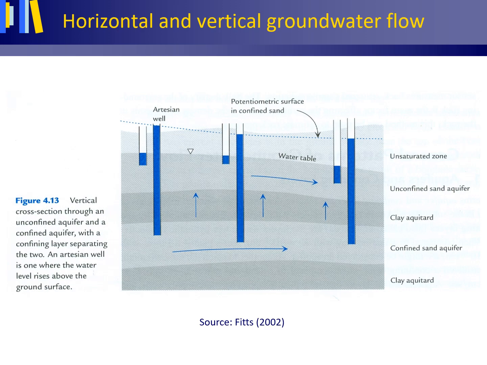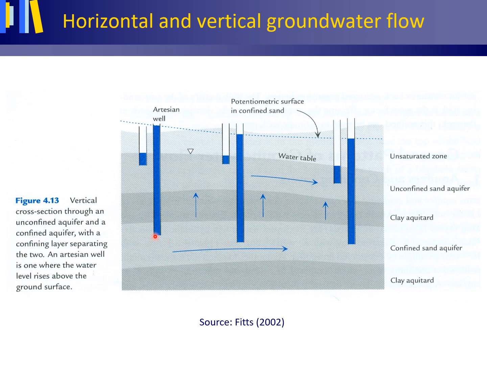This figure nicely shows both horizontal and vertical groundwater flow. It is a vertical cross-section through an unconfined sand aquifer and a confined sand aquifer separated by a confining layer, a clay aquitard. From the piezometer tubes in the confined sand aquifer, we can establish the potentiometric surface for that aquifer, and evident from that is that groundwater flow is from left to right.